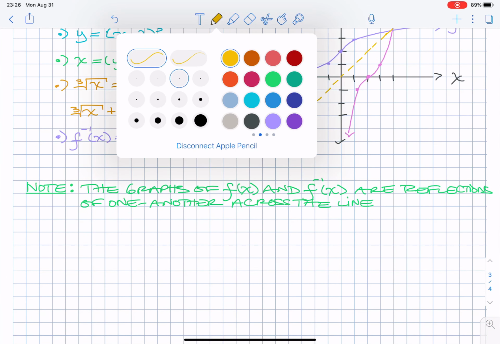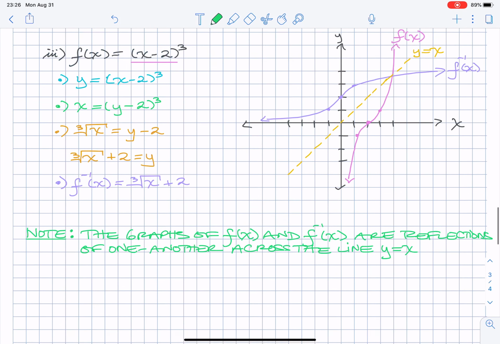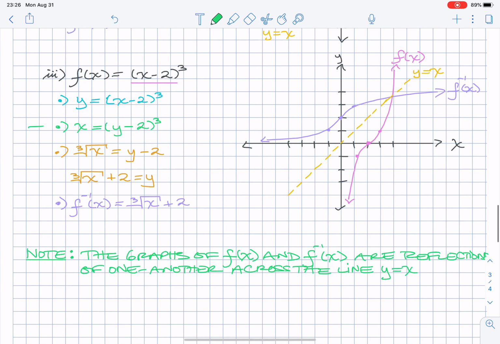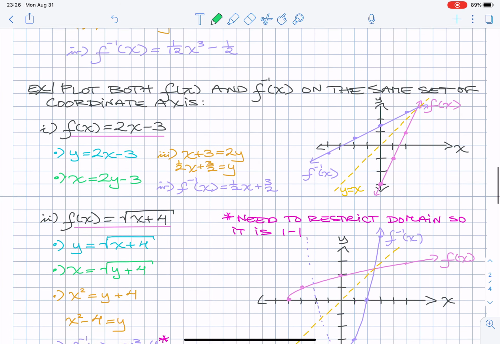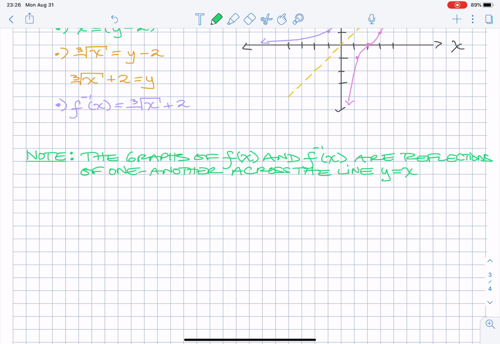Now, why would it be a reflection across the line y equals x? Well, it has to do with the step where we swap y and x. So each time we've swapped y and x, we've reflected the graphs about that line.